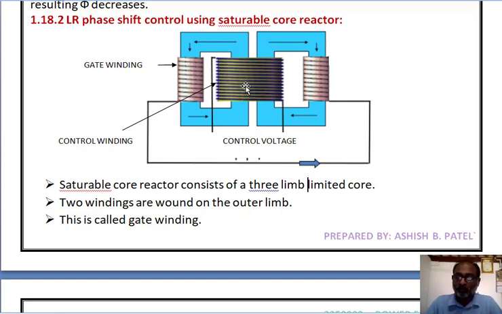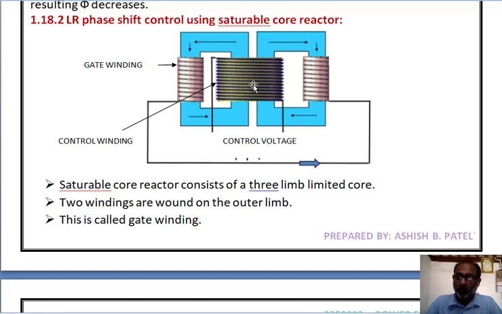Saturating the core reduces the inductance of the gate winding. So when the DC current passing through the control winding is increased, it saturates the core and the inductance of the gate winding is decreased.